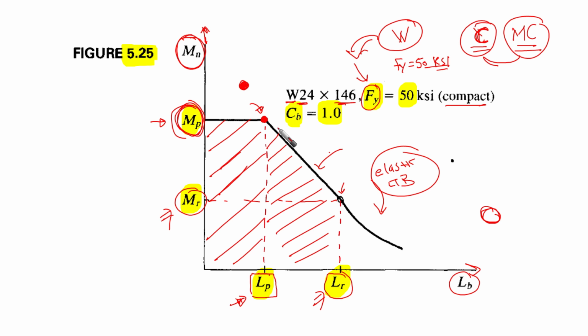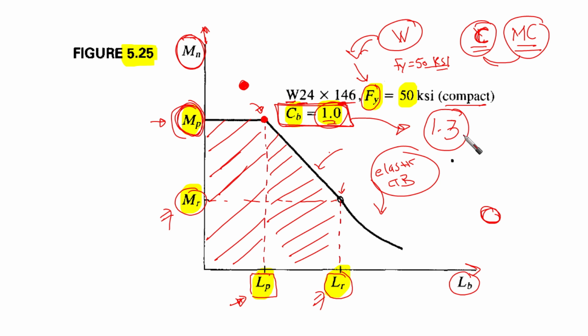One very important thing related to the charts in general, not this particular chart, is that we are dealing with them under the consideration of CB equal to 1. So the charts are considering CB to be 1. So what if you have, for example, a case where CB equals 1.3?